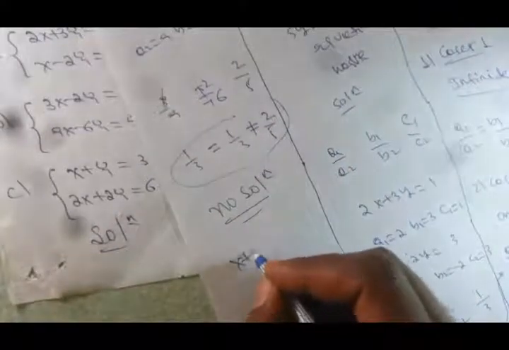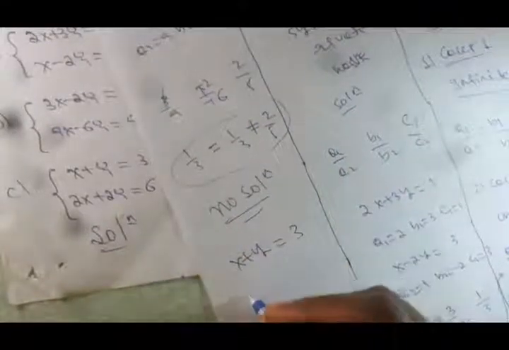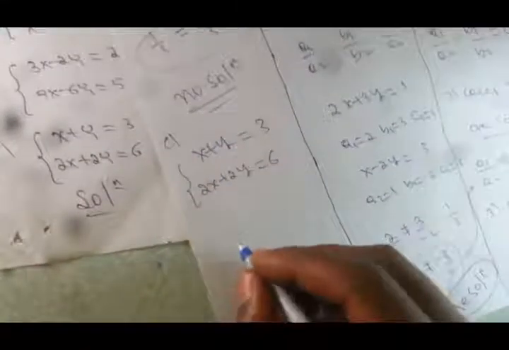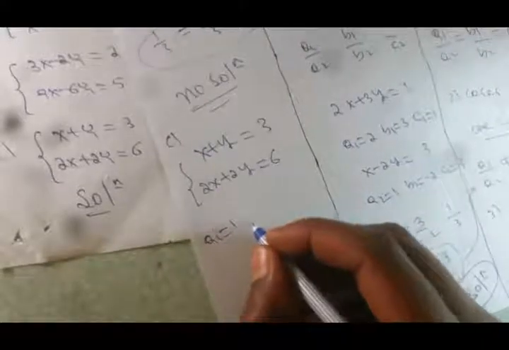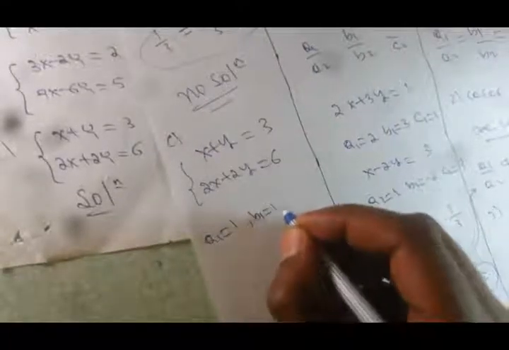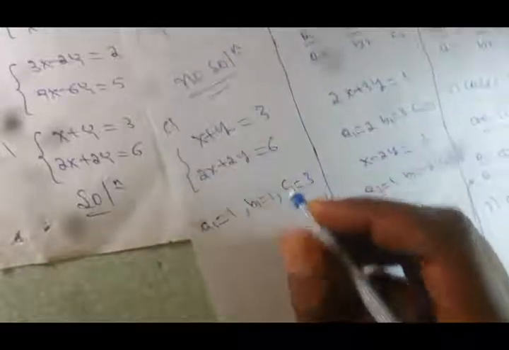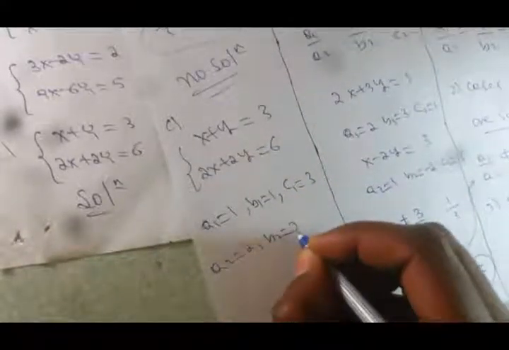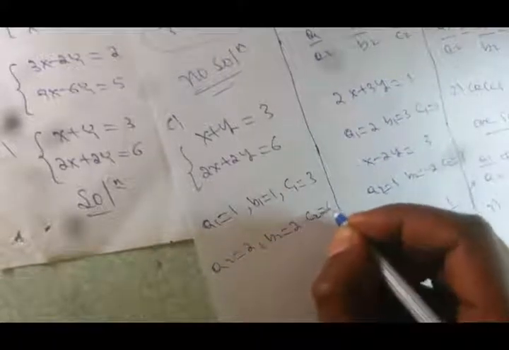Example 3 is given by x plus y equals 3 and 2x plus 2y equals 6. The value of a1 is 1, b1 is 1, and c1 is 3, and the value of a2 is 2, b2 is 2, and c2 is 6.